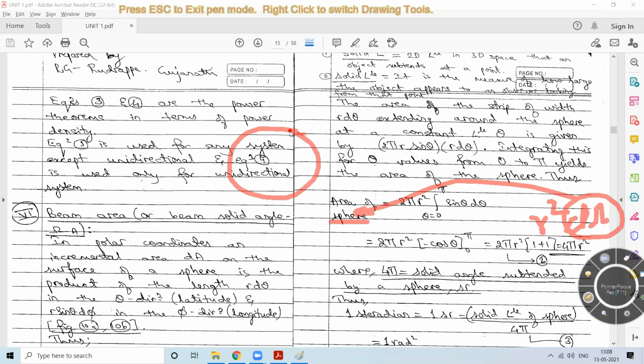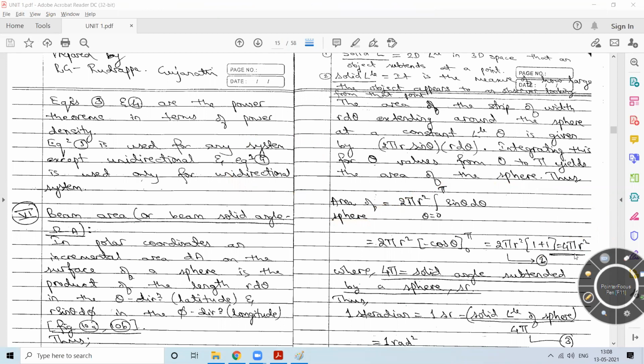So this 4 pi is nothing but the solid angle subtended by the sphere. And the sphere is the element which subtends the highest solid angle.